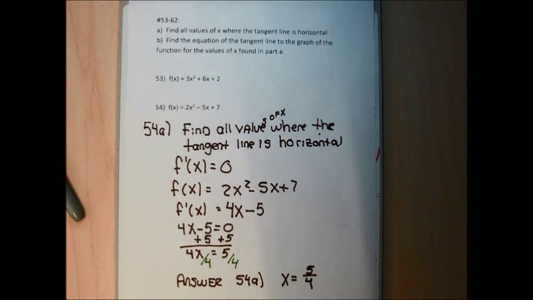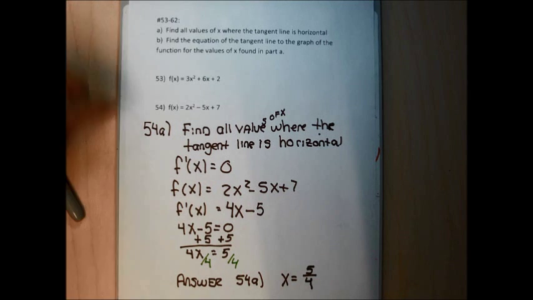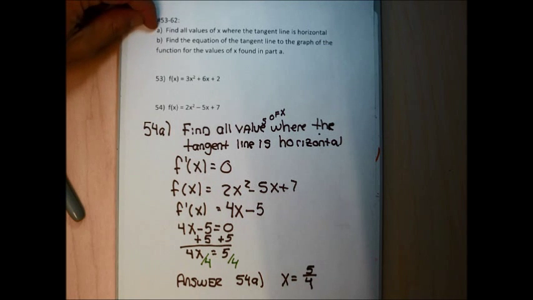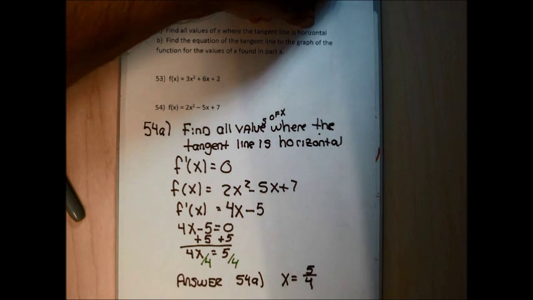And now as I move down to part B, I want to find an equation for a line. And to find an equation for a line, you need a point and a slope. In each of the problems that we're doing between 53 and 62, we're finding horizontal lines. Horizontal lines, their slope is 0.